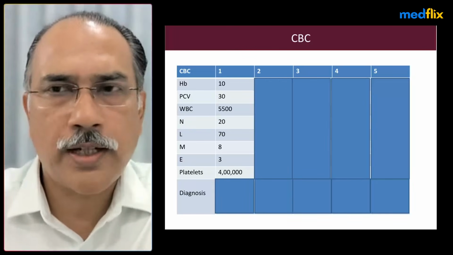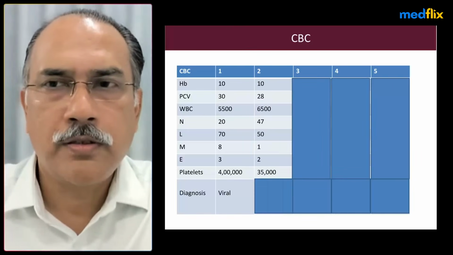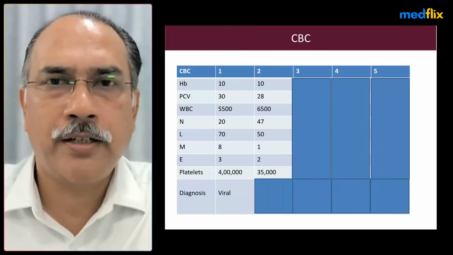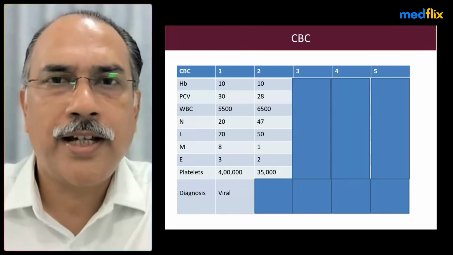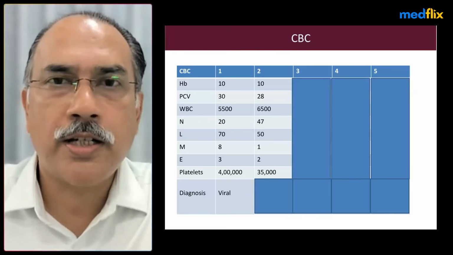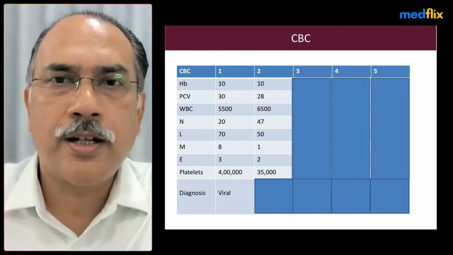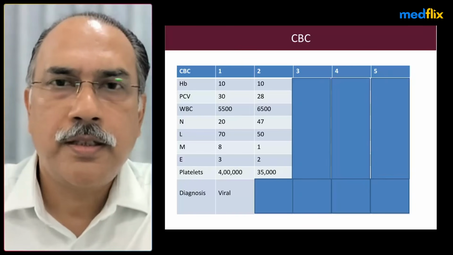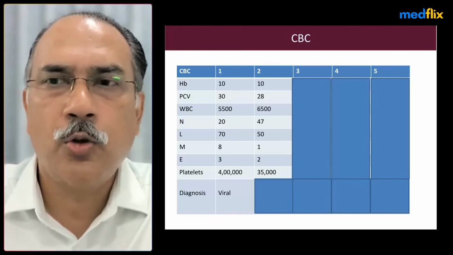So here, this one, I would like to think about this as a viral infection. Okay, non-dengue viral infection probably. If you see this one here, you have a child whose hemoglobin is 10, PCV is not raised, 28, that is within 30. WBC is 6,500. And here, if you see, everything else is on the lower side.